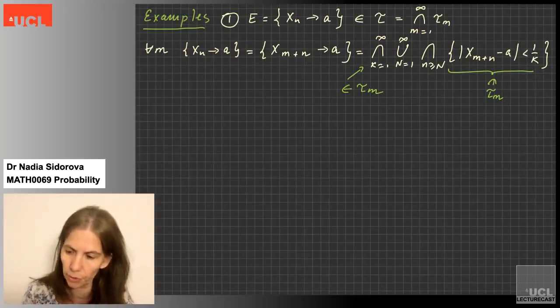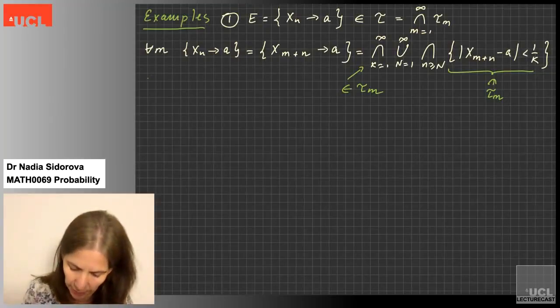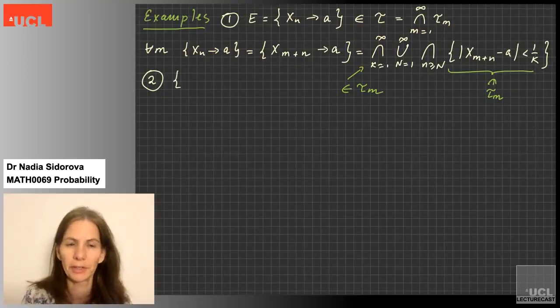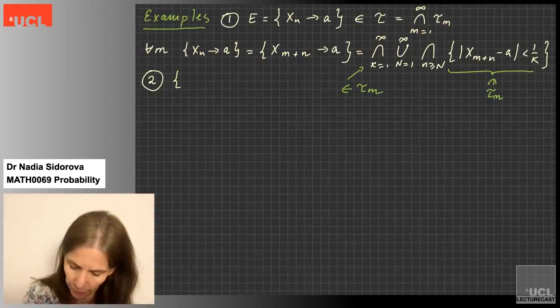Now I'm going to write down several examples, and for each of them I want you to think whether it is a tail event or not, while I'm writing or pausing the video after I finish writing. So the first event is going to be the limit of xn exists.